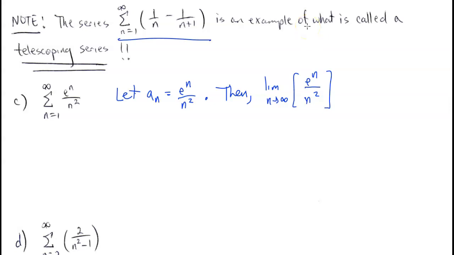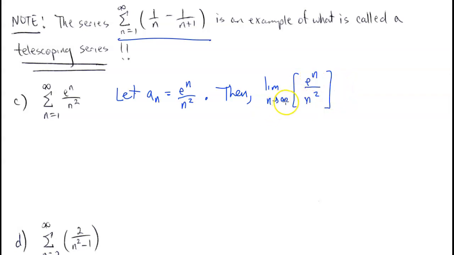So if we put on our pre-calculus hats, notice that the function e raised to the n, even though it's a sequence, is going to grow faster than the function n squared, just by sheer fact that exponential functions always grow faster than power functions. So we know this limit should end up equaling infinity, but just in case you're not convinced, I will use L'Hopital's rule to show you that.